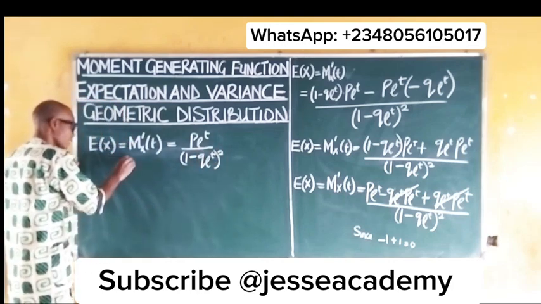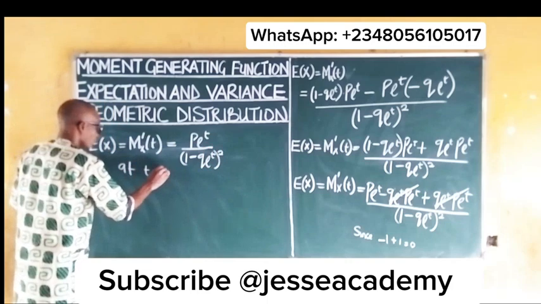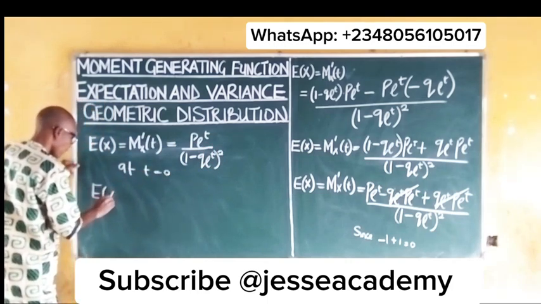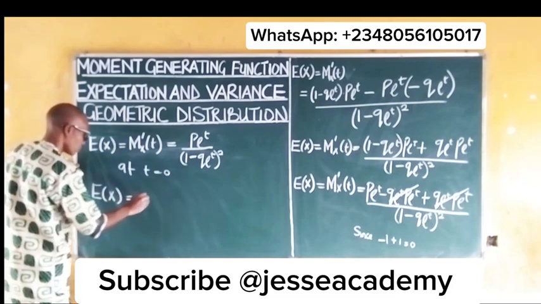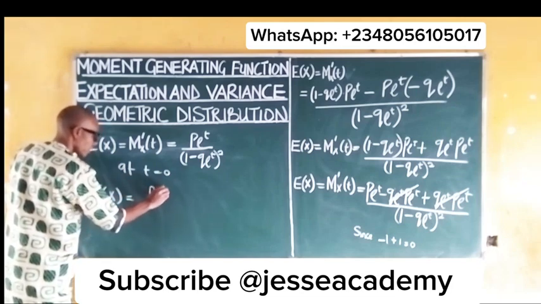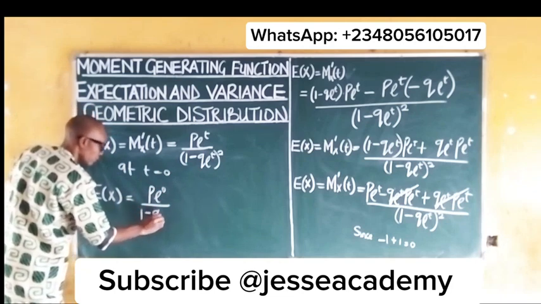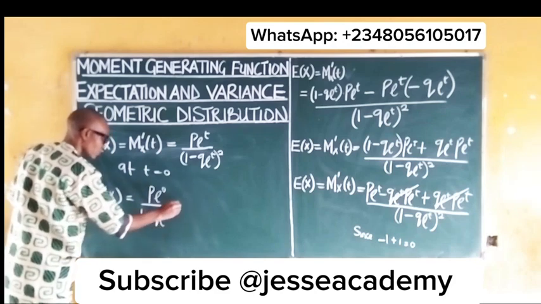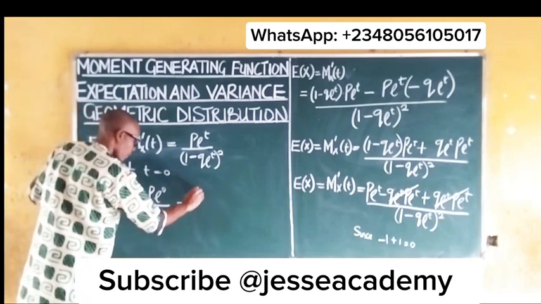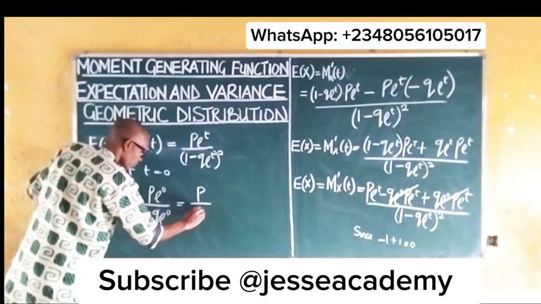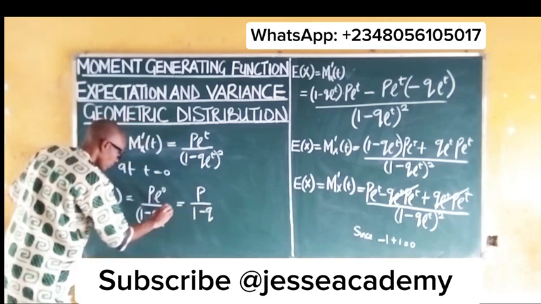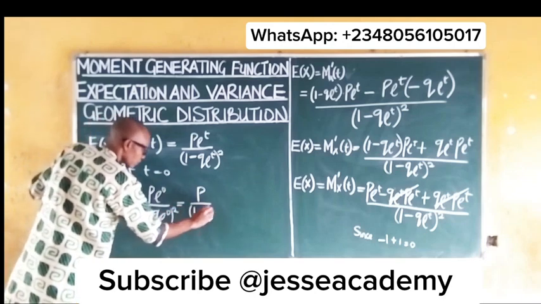Now, at t is equal to 0, anywhere we see t, we put 0. We have our expected value of x to be equal to p all over 1 minus qe^0, which is equal to p all over 1 minus q, squared.